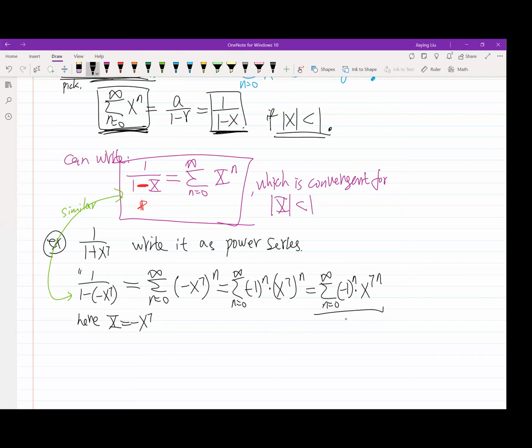So this is the power series representation of the given function 1 over 1 plus x to the 7.